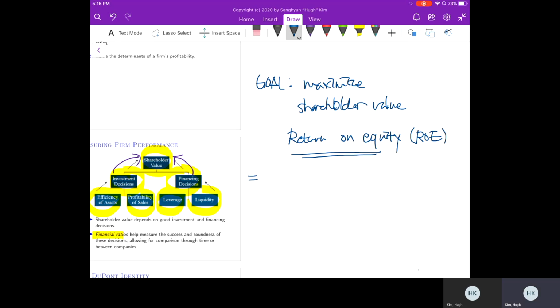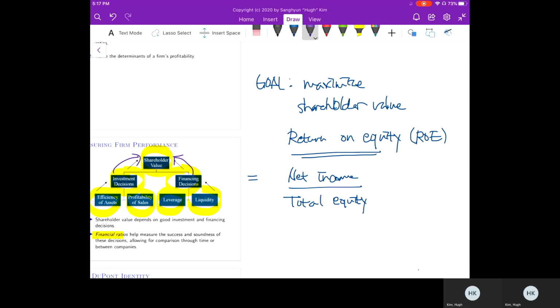So ROE is defined as net income over total equity. Okay, so that's ROE.